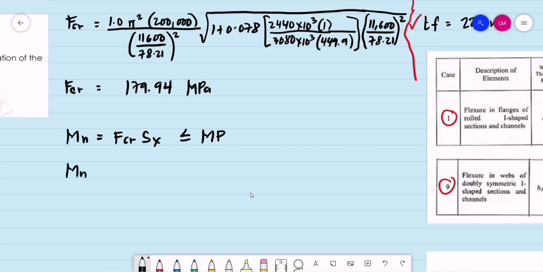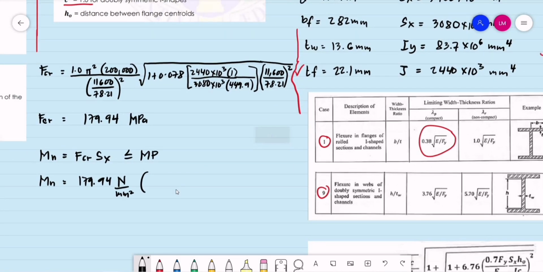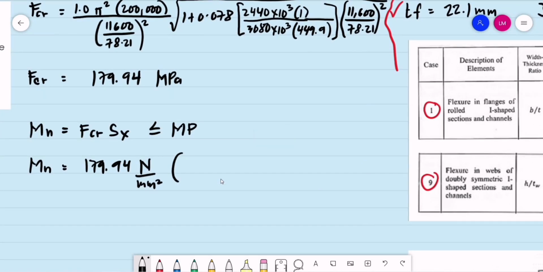We have M sub n equal to F sub cr, 179.94, which is in newtons per square mm, and S sub x for this section is 3080 times 10 raised to 3 millimeters raised to 3.